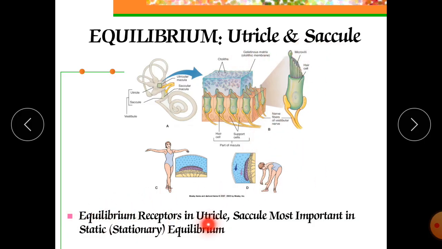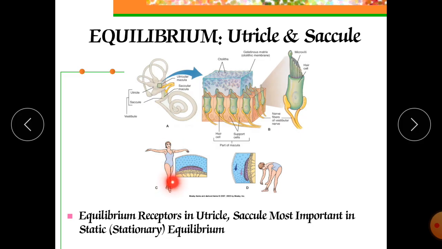The equilibrium receptors in utricles and saccules are most important in the statics for equilibrium. Without this area it is just impossible to maintain our balance. In the Olympic gymnastics, you already saw how they maintain their balance when they are running or doing various jumps.